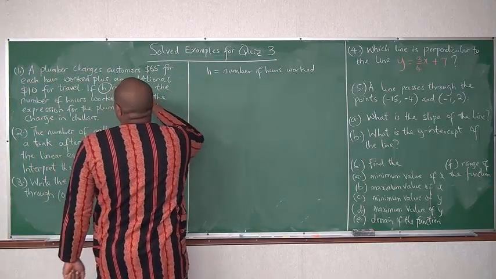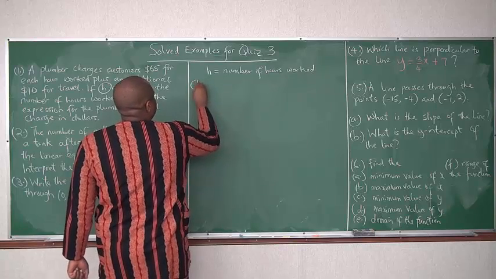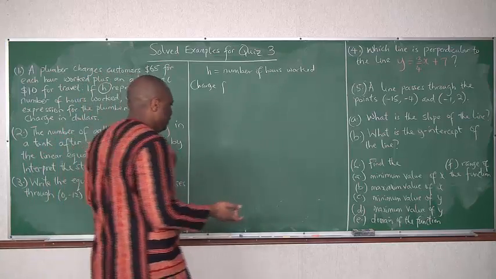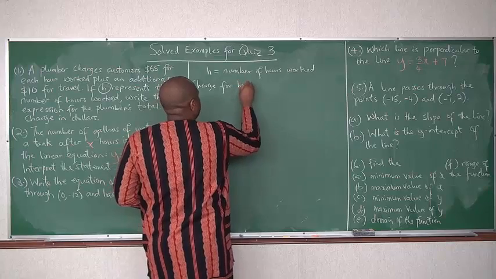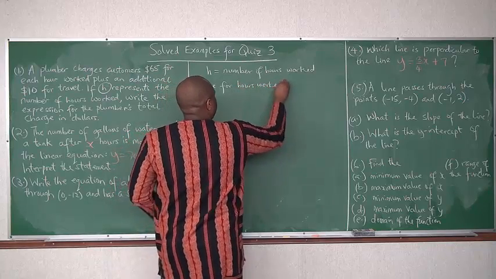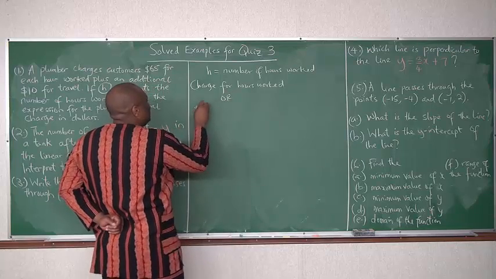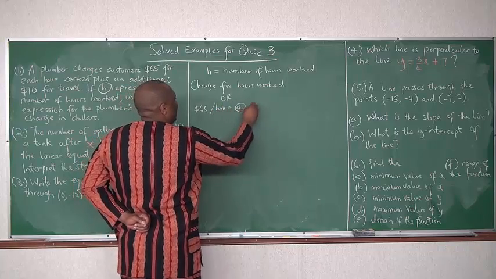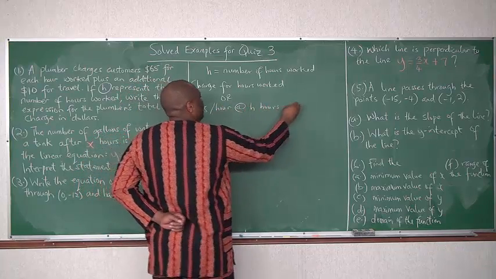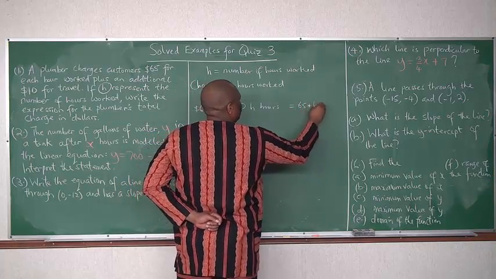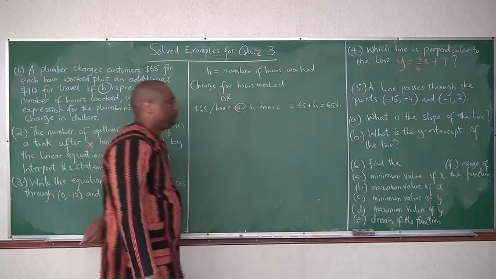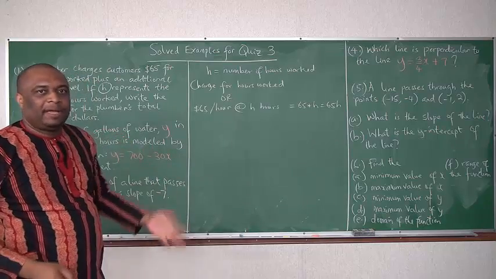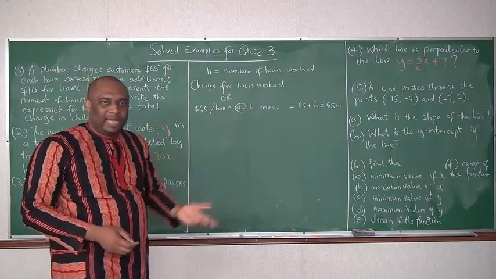So the charge for hours worked is $65 per hour at H hours. So this will be 65 times H, which is 65H. Because if it's 1 hour, it's going to be 65 times 1. If it's 2 hours, it will be 65 times 2.